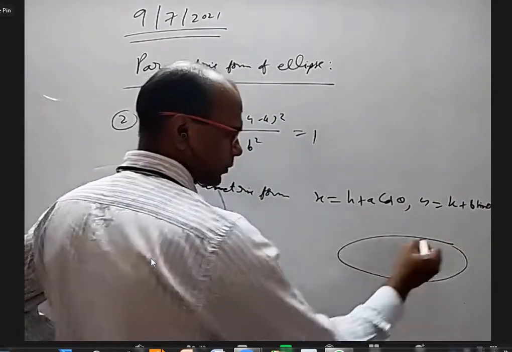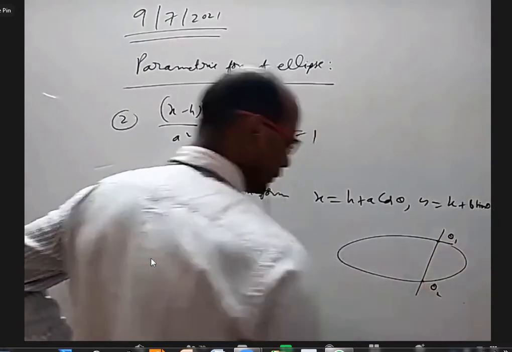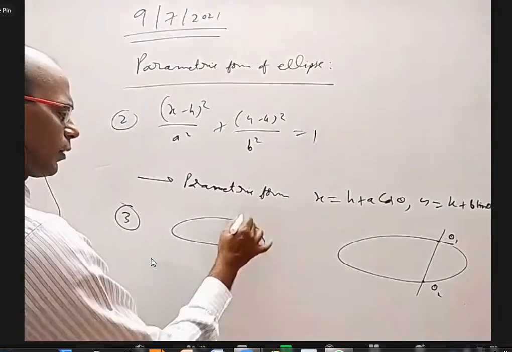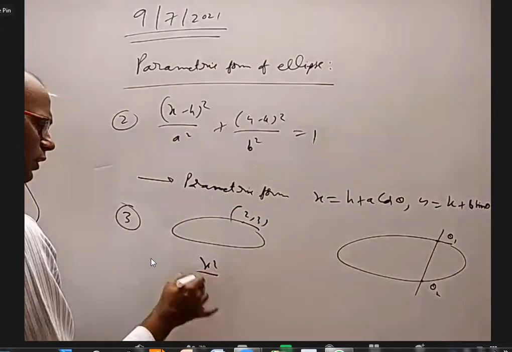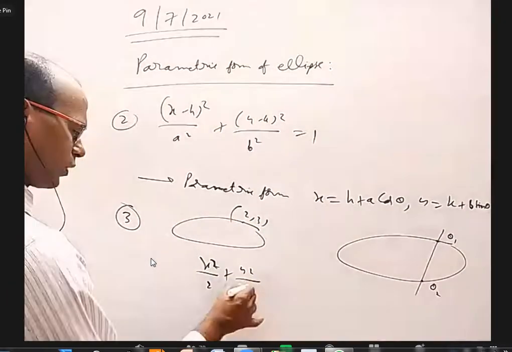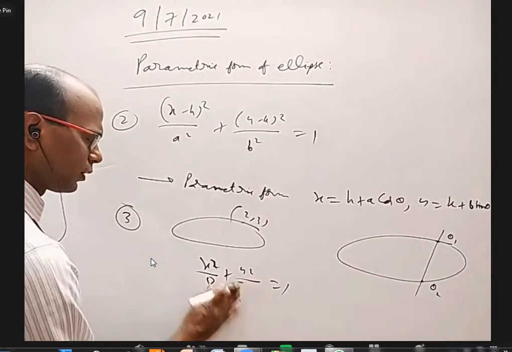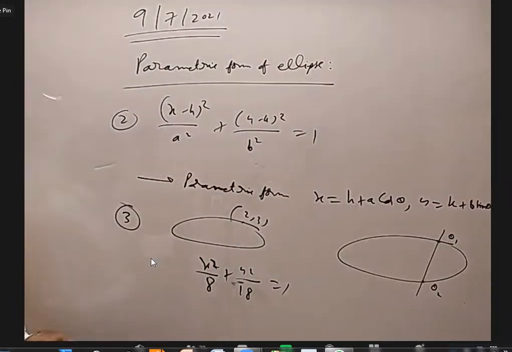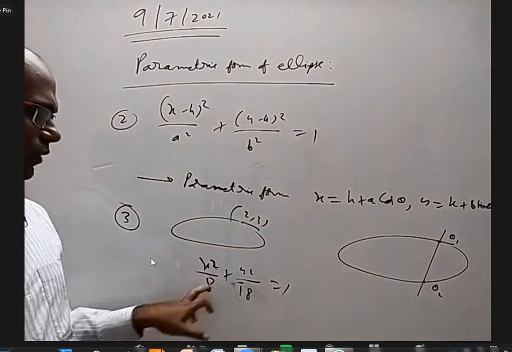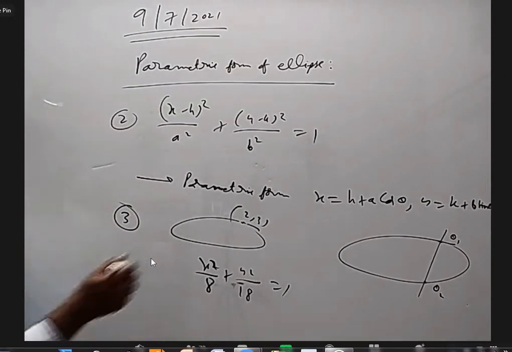I have an ellipse. There is a chord joining θ1 and θ2. By the way, if I give an ellipse and a point (2, 3), and the ellipse equation is, let us say, x square by 8 plus y square by 18 equal to 1, and ask what is the eccentric angle of this point, how to find it is very simple.